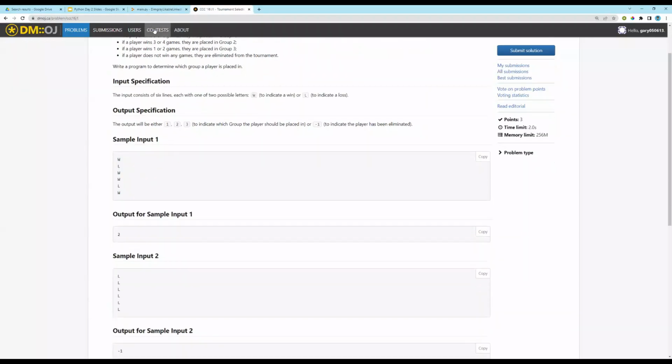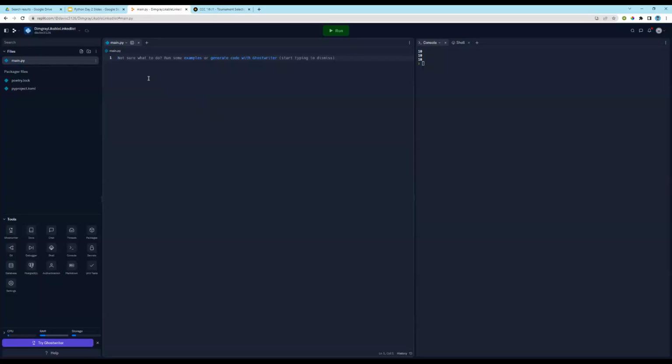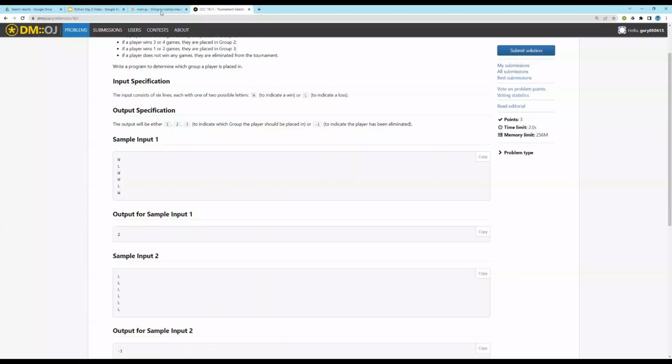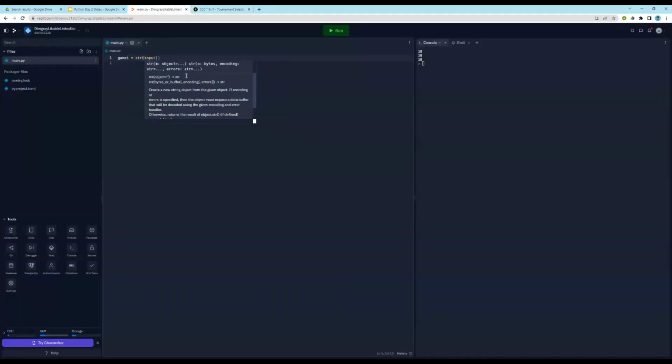So again, first of all, 6 inputs. Just for simplicity's sake, I'm going to put game 1 equals input. And notice how for this input, we don't really have to cast it because we're taking the string input. But just for consistency, I'm still going to have the string input here.